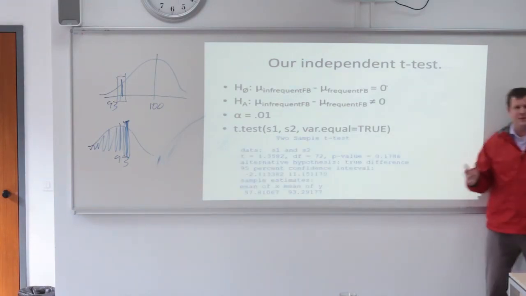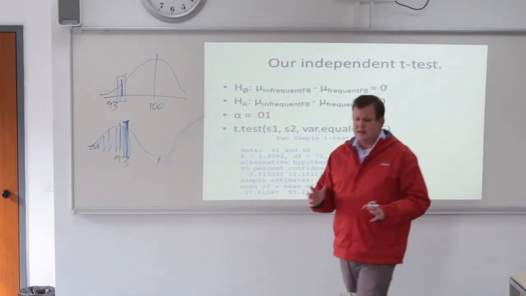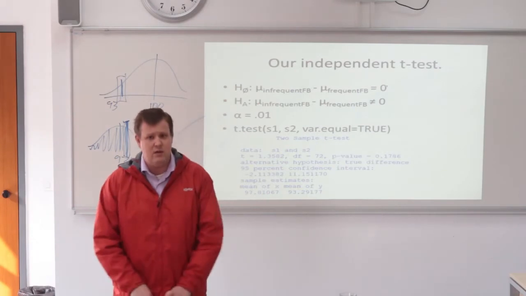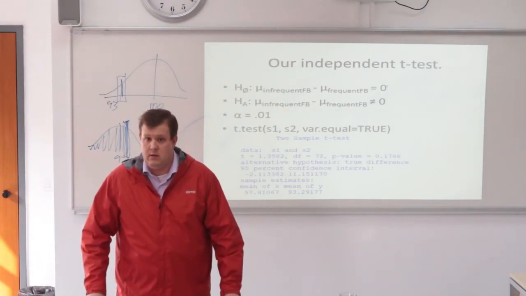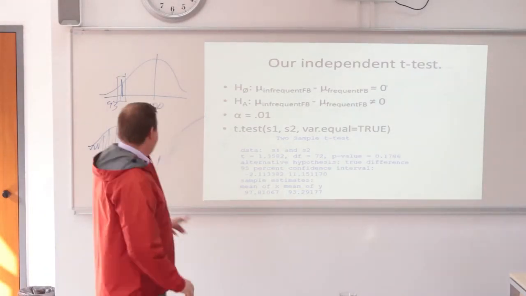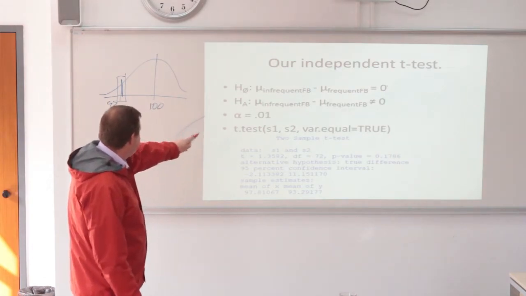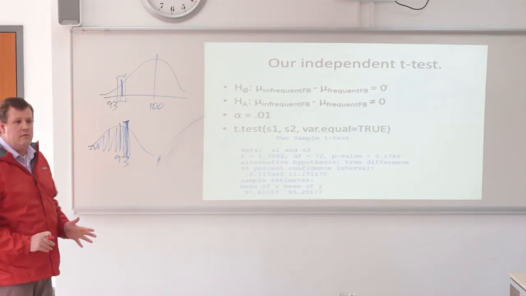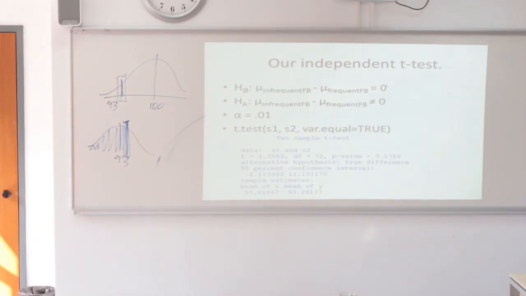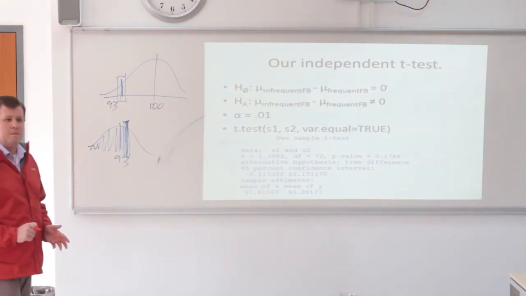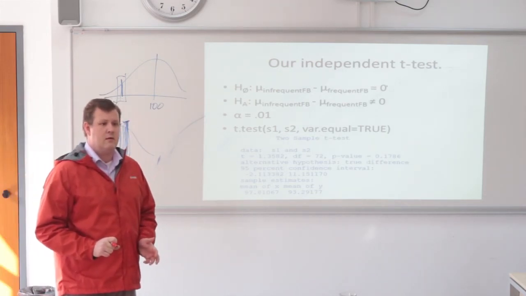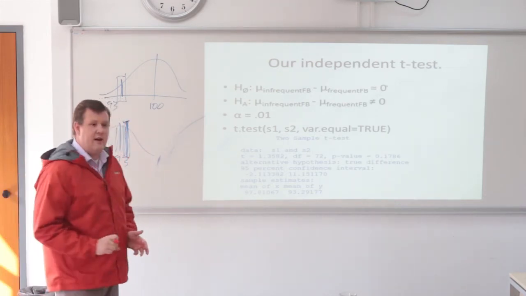Now let's try something here. Because sometimes this assumption that the variances are equal is not warranted. So, if you take that out and say t.test, S1, S2, and that's it, what do you get? A little bigger p-value.